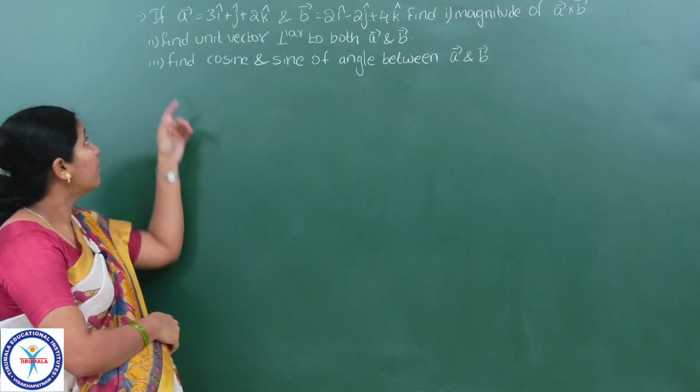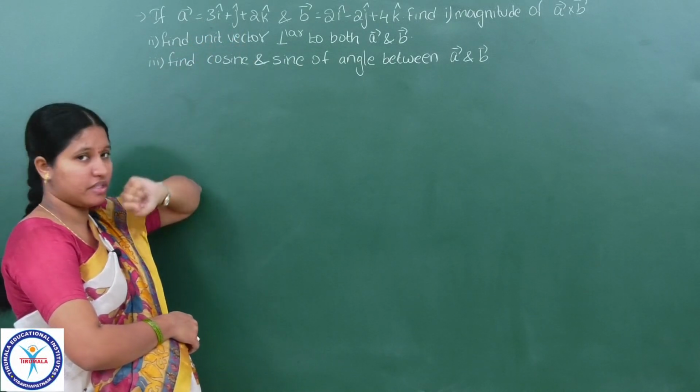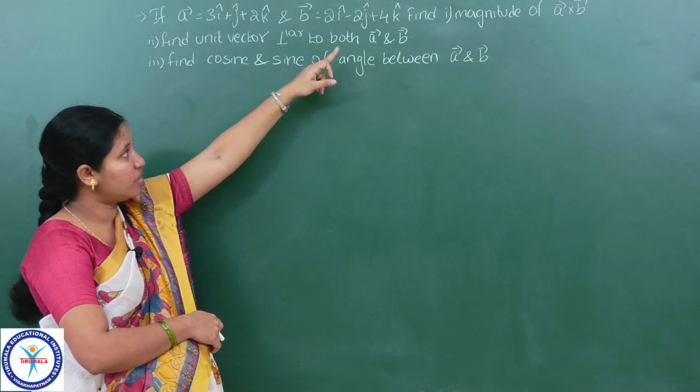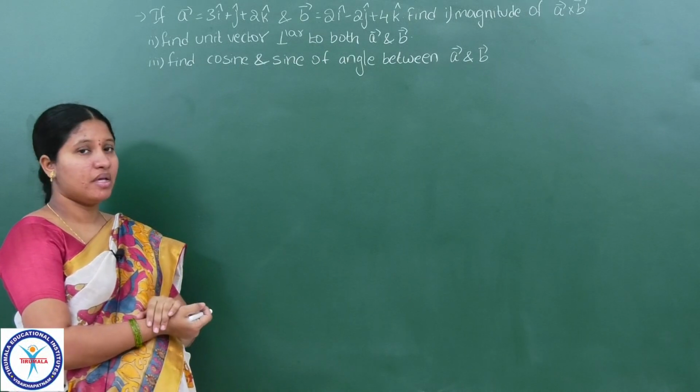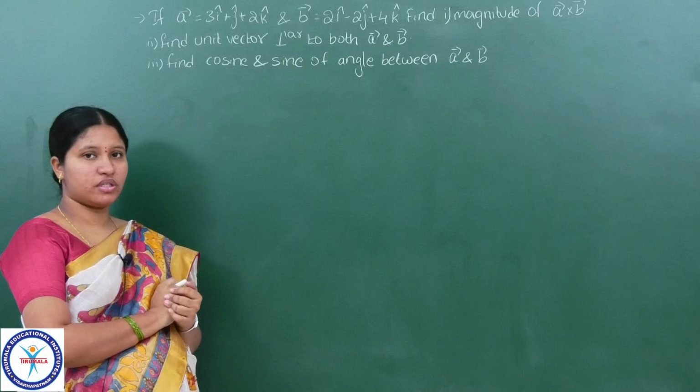See the question. If A bar is equal to 3i cap plus j cap plus 2k cap and B bar is given by 2i cap minus 2j cap plus 4k cap, we are asked to find the magnitude of A bar cross B bar.